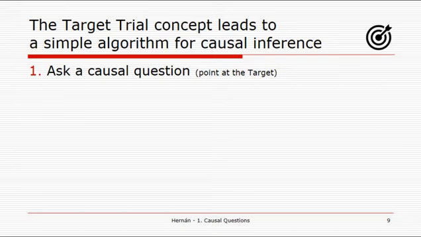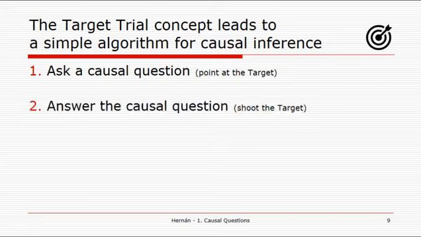The first step is we have to ask a causal question. The second step is we have to answer the causal question. And this sounds like a joke, but it's really a very important point. This is really what causal inference is. First, we have to ask the question, then we have to answer the question.